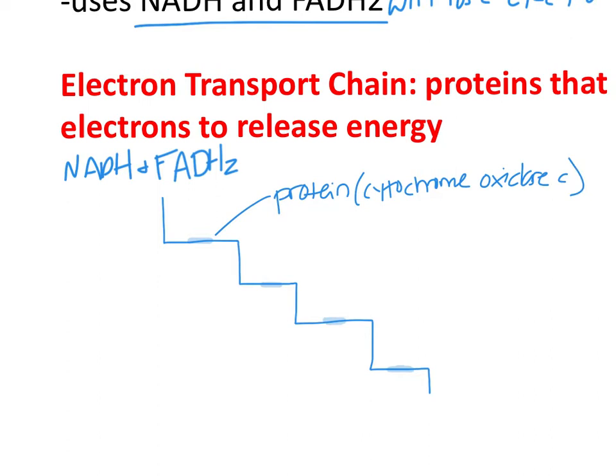When NADH and FADH2 arrive at that first protein, they deposit an electron, giving that protein a little bit of energy. In turn, when the electron is removed from those molecules, we have NAD and FAD, which can then return to glycolysis and the Krebs cycle to pick up additional electrons.